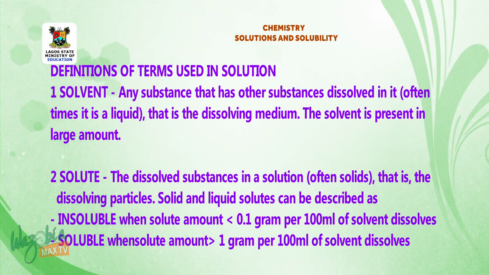The dissolved substance in a solution, often solid, that is the dissolving particles. Solid and liquid solutes can be described as 1, insoluble, when solute amount is less than 0.1 gram per 100 ml of solvent dissolves. 2, soluble, when solute amount is greater than 1 gram per 100 ml of solvent dissolved.